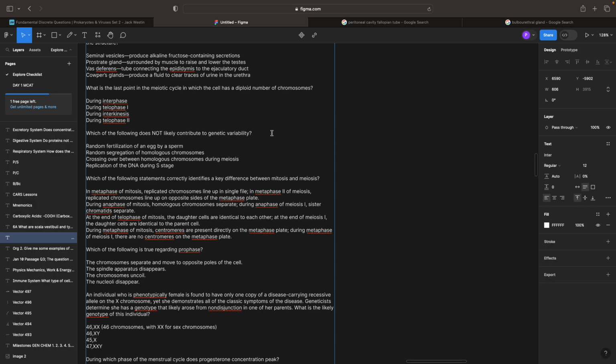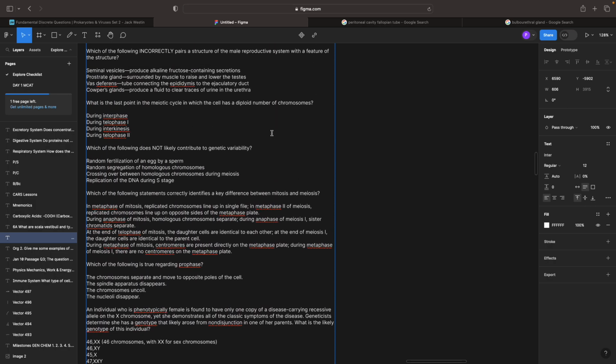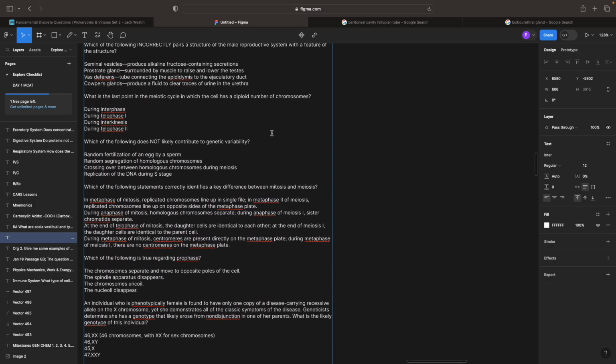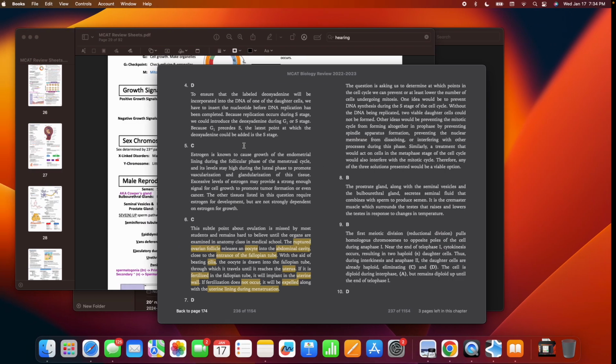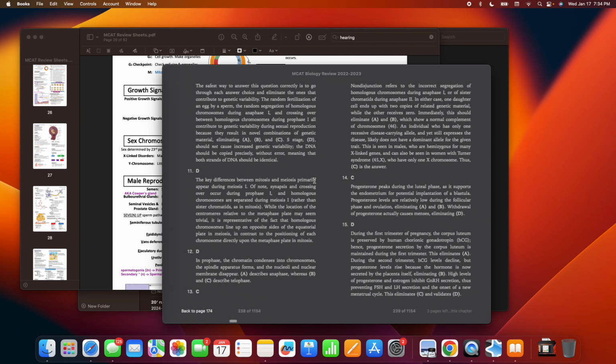So let's just finish these quickly. Which of the following does not likely contribute to genetic variability? The safest way to answer this question is to go through each answer choice and eliminate the ones that do.